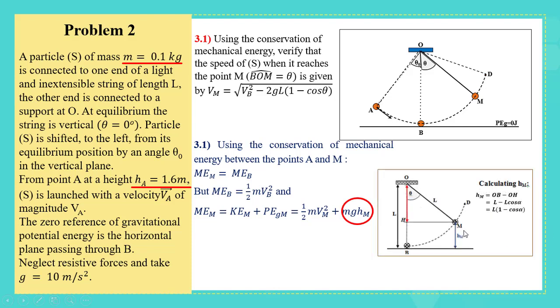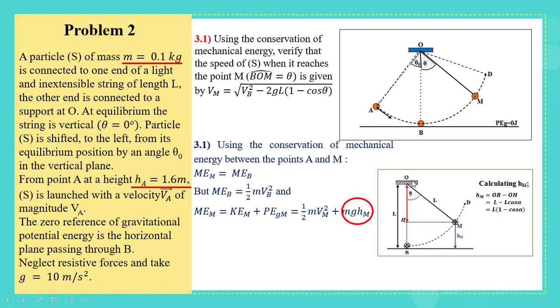In order to find hM, the height of the point M above the gravitational potential energy reference level, let's take this side to study it. OB is L, and it is given. OH is the adjacent to theta, and can be found from this right-angle triangle. If we subtract OH from L, we can find HM, the opposite side, which is equal to it in this rectangle.